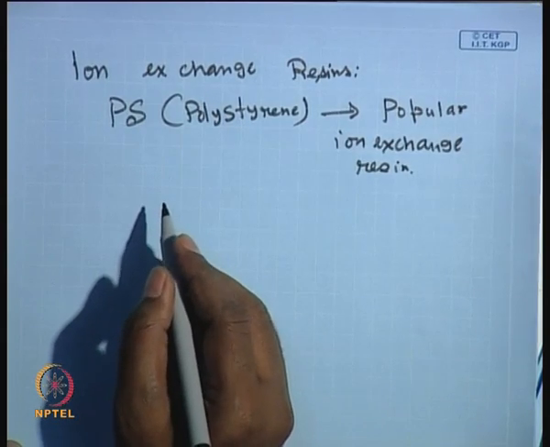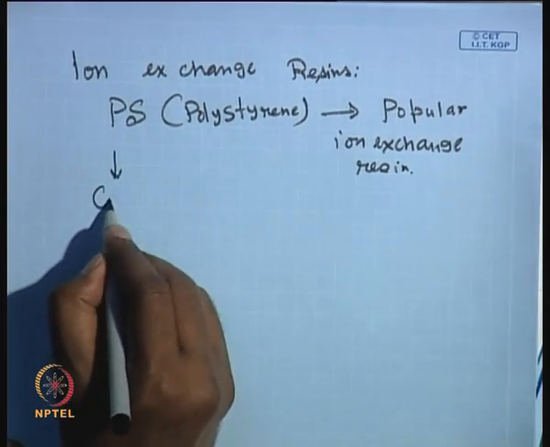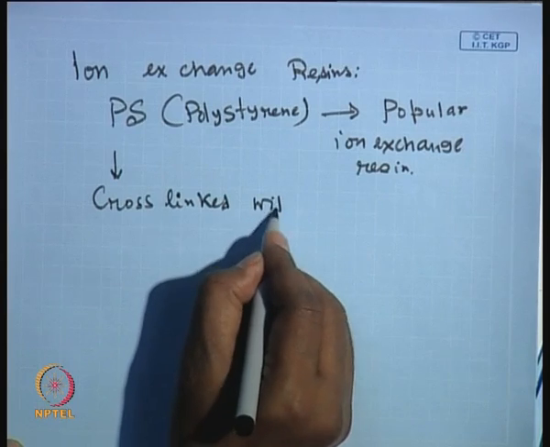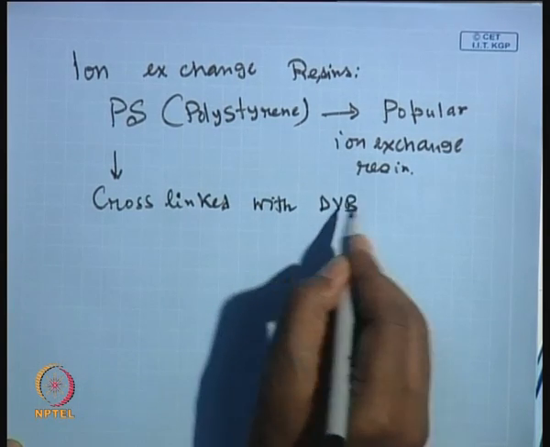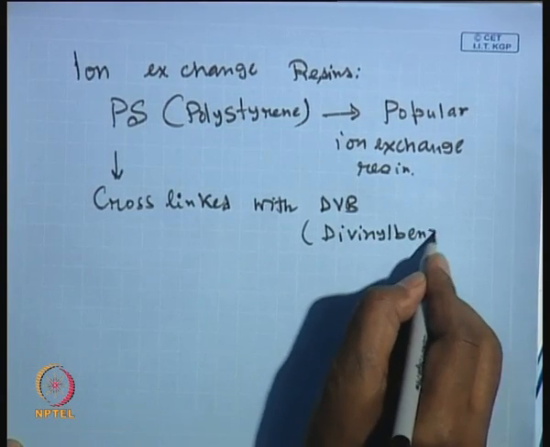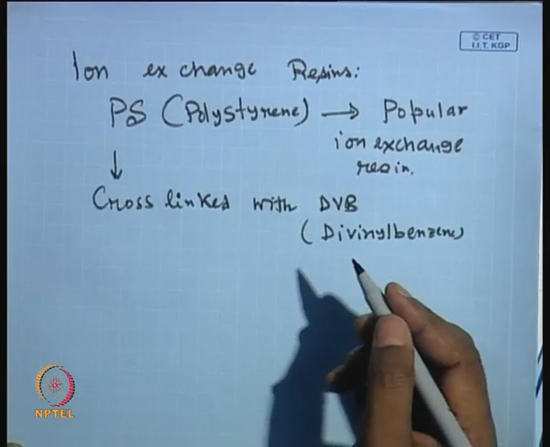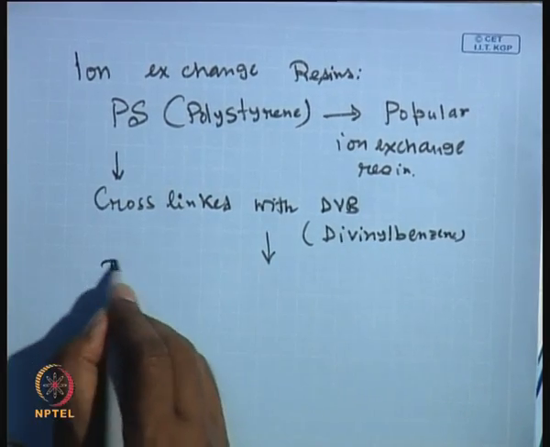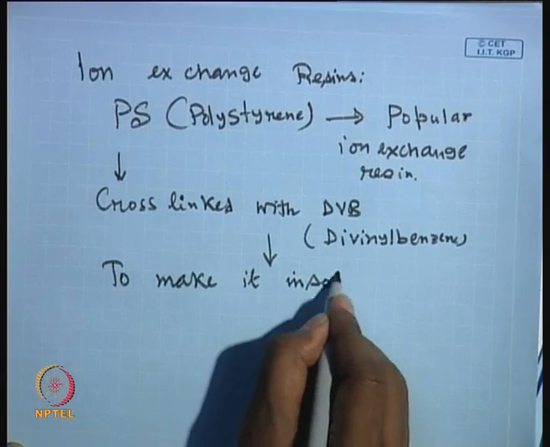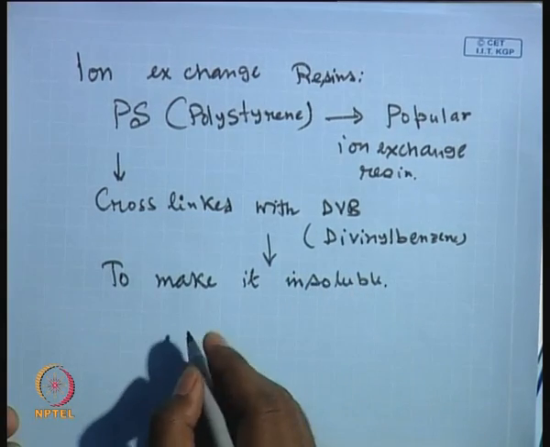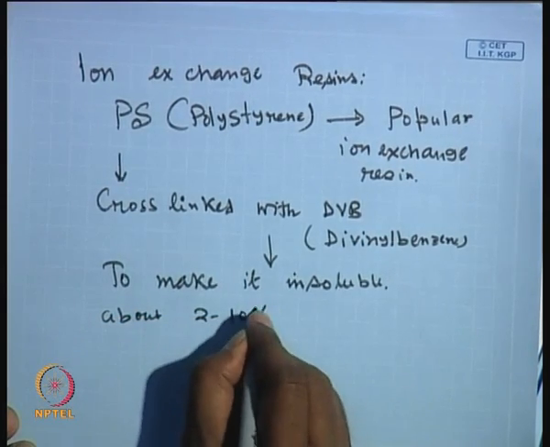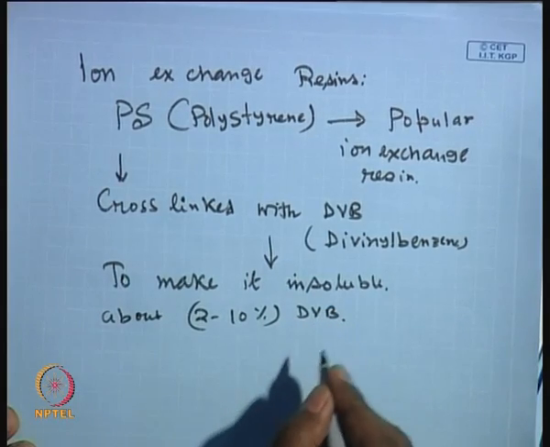It is cross-linked with DVB, that is called divinyl benzene, to make it insoluble in aqueous stream. About 2 to 10% of DVB is used for cross linking. Okay.